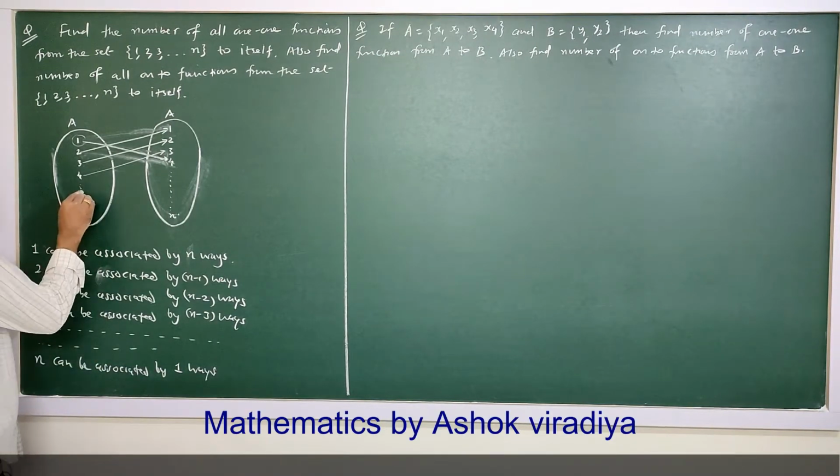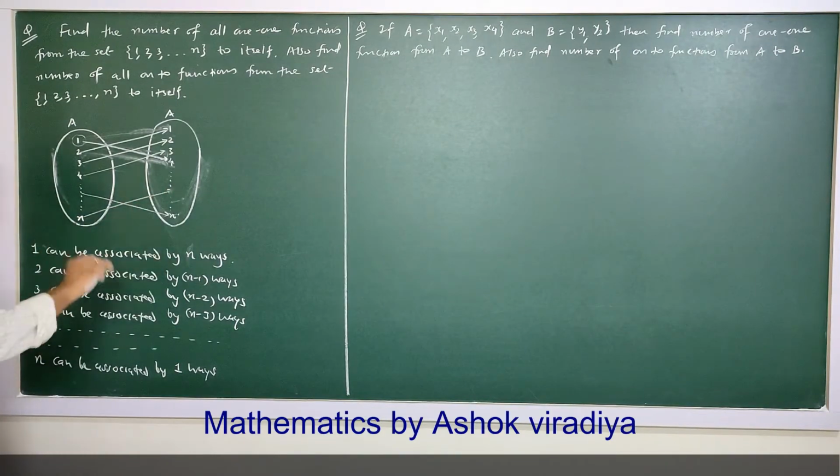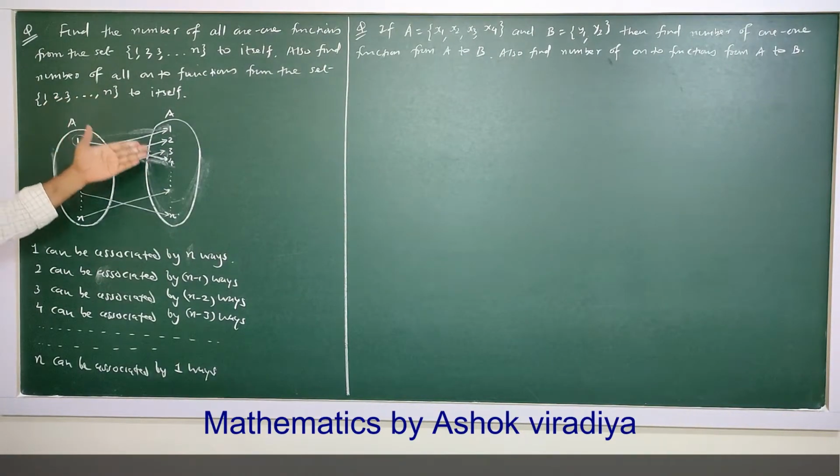Here, see, these numbers are connected, so for n there will be only one choice left. So this procedure gives not only the number of 1-1 functions, but it also gives onto functions.